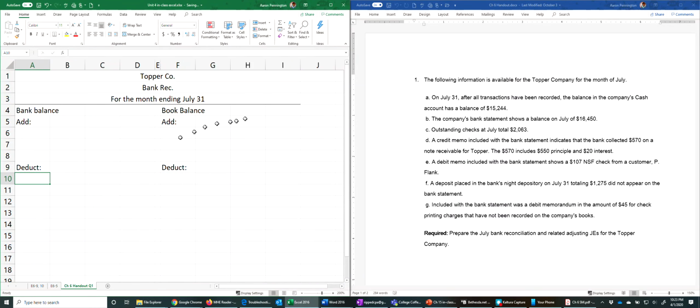Let's do the transaction data. On July 31st, after all transactions have been recorded, the company's cash account has a balance of 15,244. That's the accounting balance.